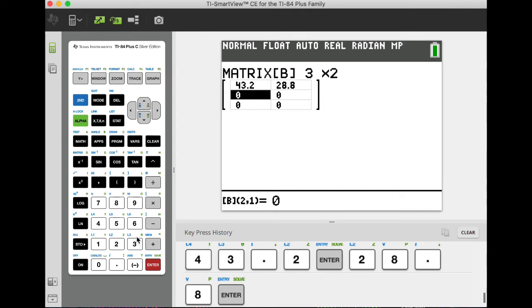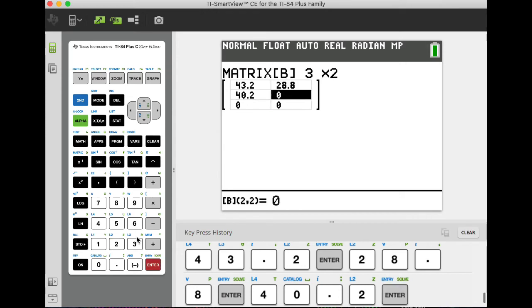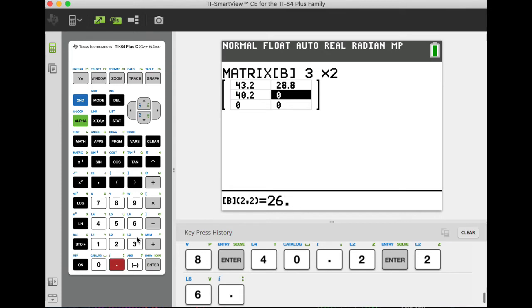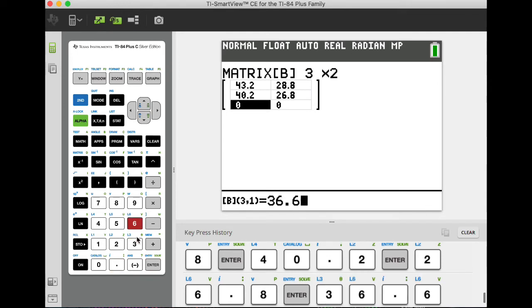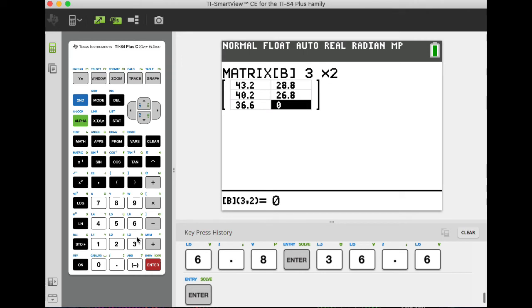And then for the number of Republicans in the second row, yeses was 40.2. So 40.2 and enter. And then the number of no's was 26.8. So 26.8, then enter. Now we are in the third row, and this is for the other unaffiliated. Number of yeses was 36.6. And the number of no's was 24.4.